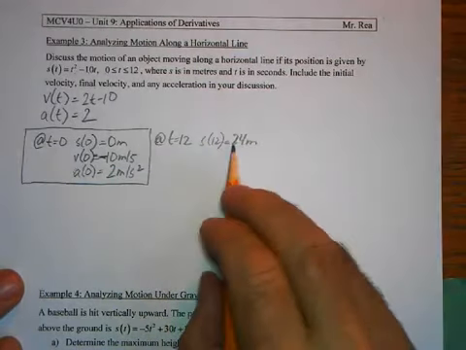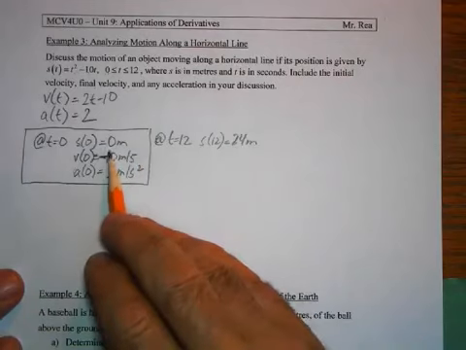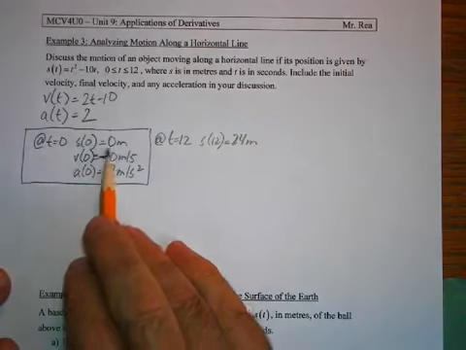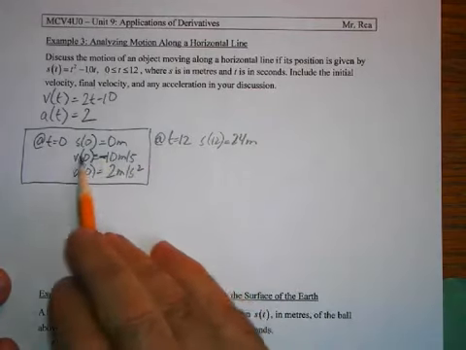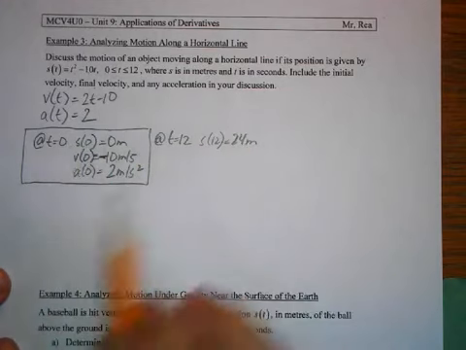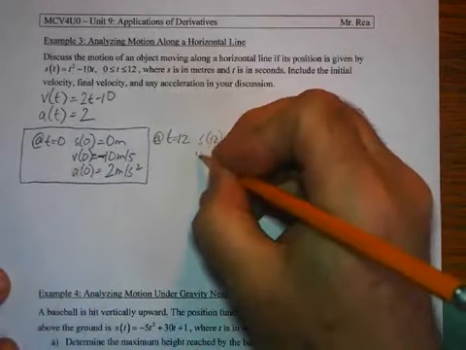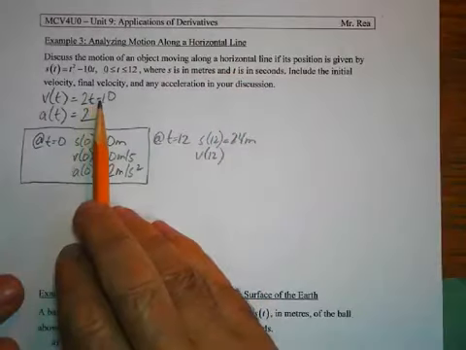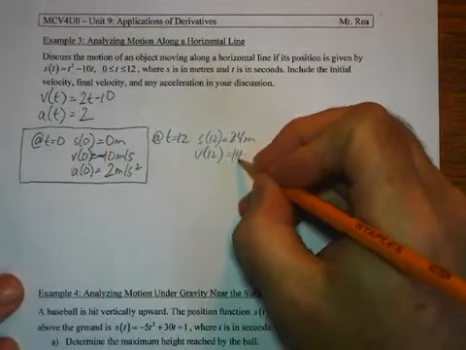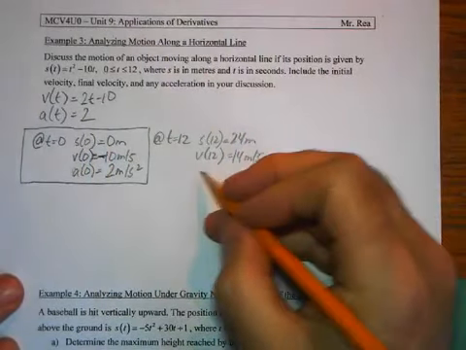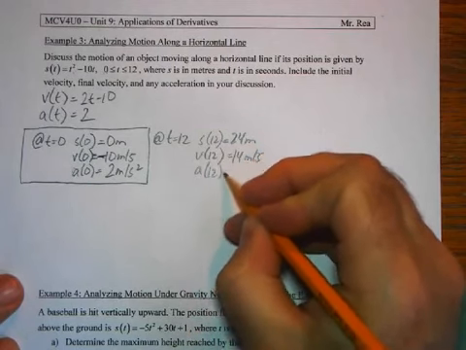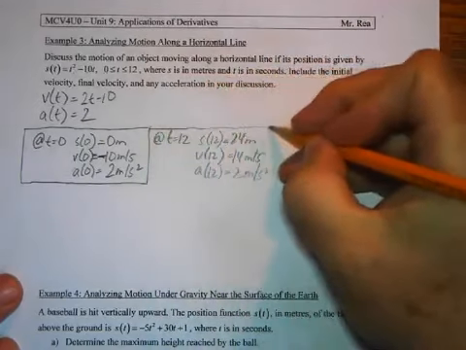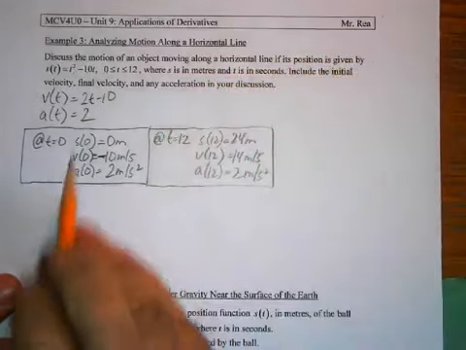So the final position is to the right, but remember here, the initial velocity was moving to the left, so something happened where it changed direction and ended back 24 meters to the right, okay? The velocity at the end, at the 12 seconds, we get 24 minus 10, so that's 14 meters per second. And the acceleration, of course, that's always going to be 2 meters per second squared. So there we've got basically our initial information, our final information.